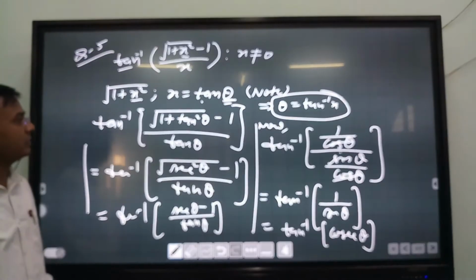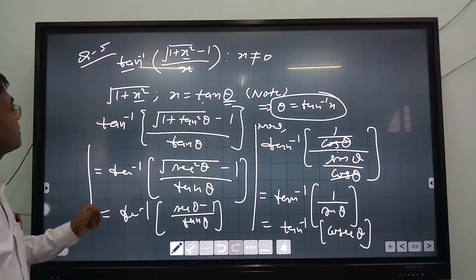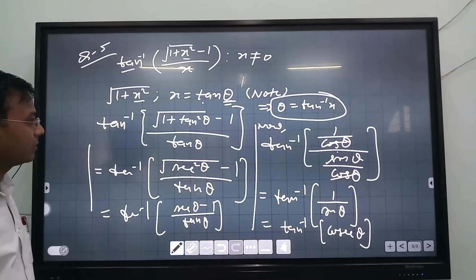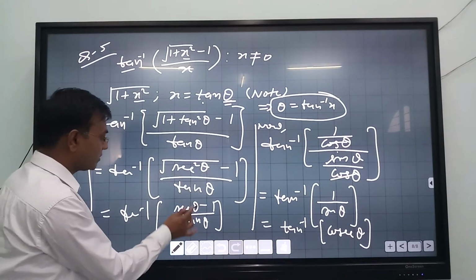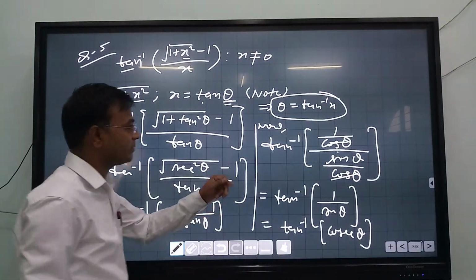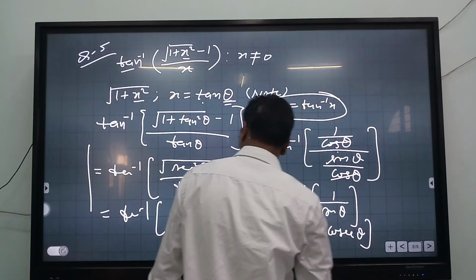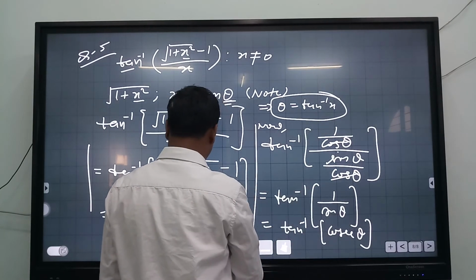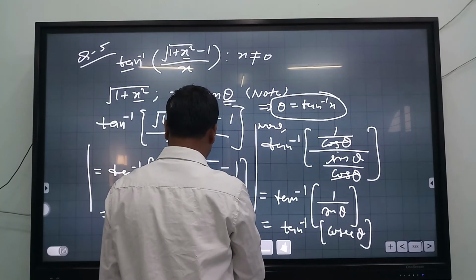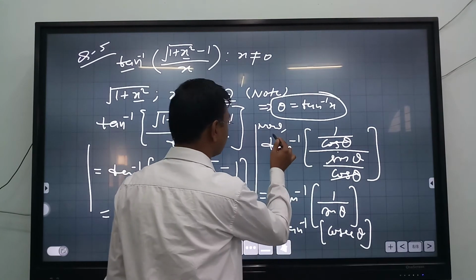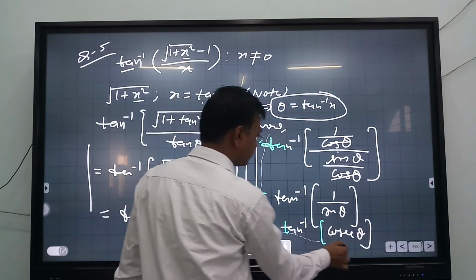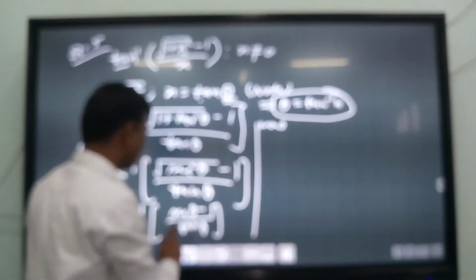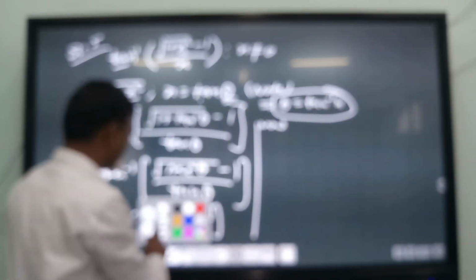Let me check, there is a calculation mistake somewhere. Yeah, sec theta minus 1. We have skipped the minus 1, so that's a problem. Let's remove this. Minus 1 is also there.